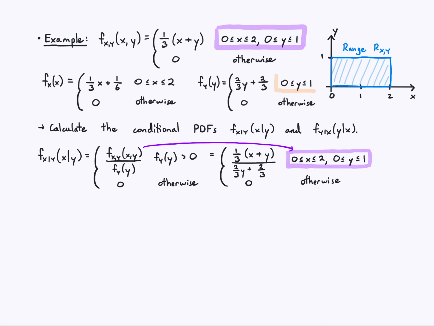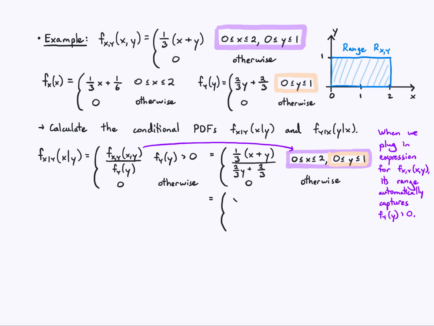There's also a range for the marginal of y, but that is a special case of the range of the joint PDF, so I don't need to worry about the marginal range. When I plug in f of x, y, its range automatically captures the condition where the marginal is greater than 0.